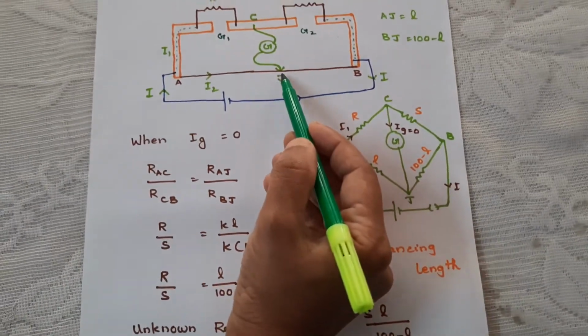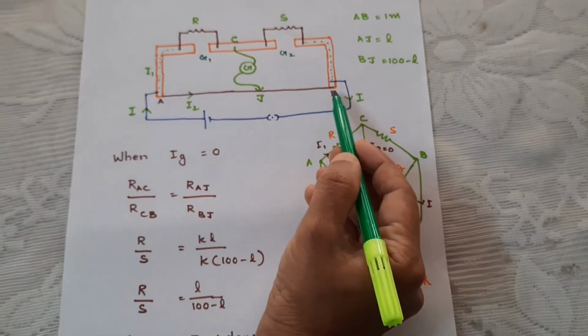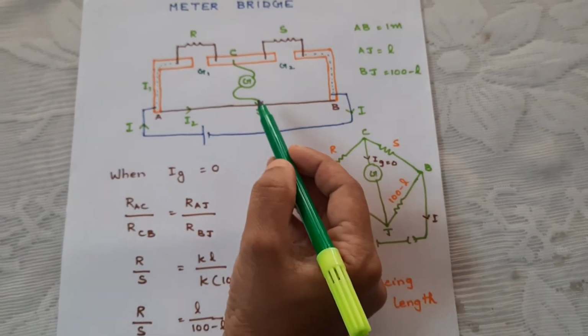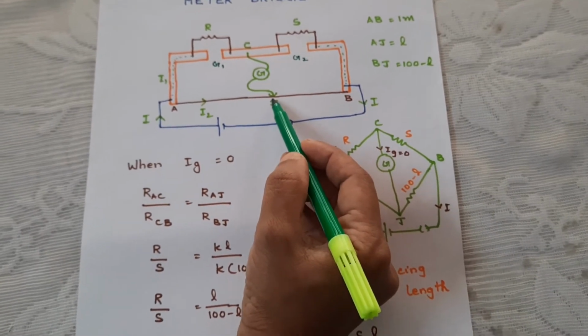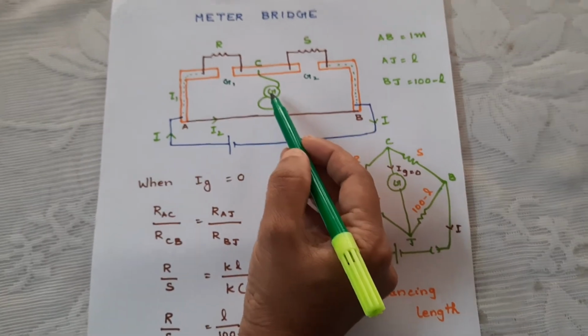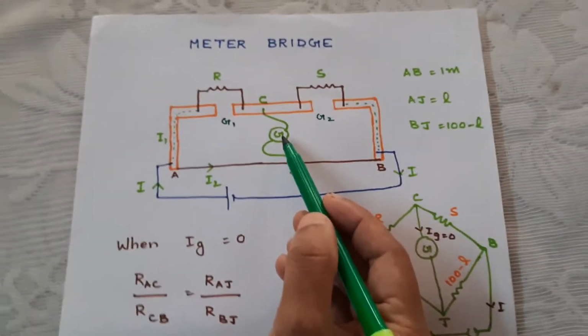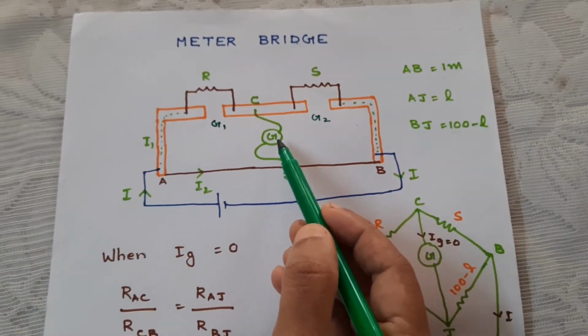The jockey can be moved along the wire AB and it is kept in contact with a point so that the bridge is balanced, or the galvanometer shows null deflection.